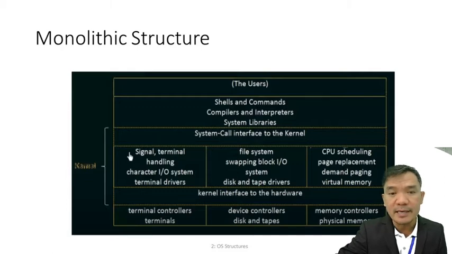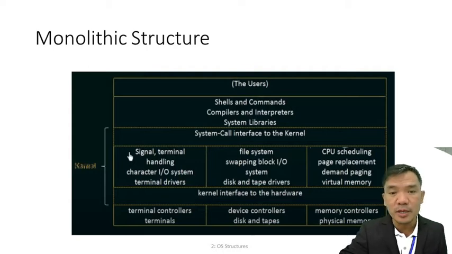If you can see here, the kernel is divided into three major parts in the middle, but there is a system call interface to the kernel accessible by the upper layer. And the lower layer is the kernel interface to the hardware, which is direct access to the different controllers, which are also directly connected to your hardware.